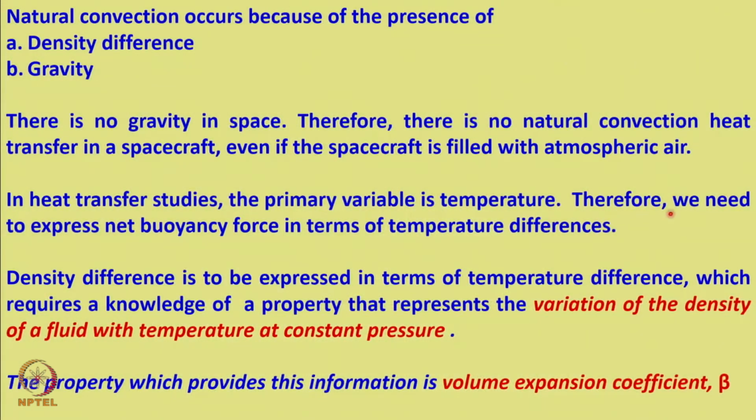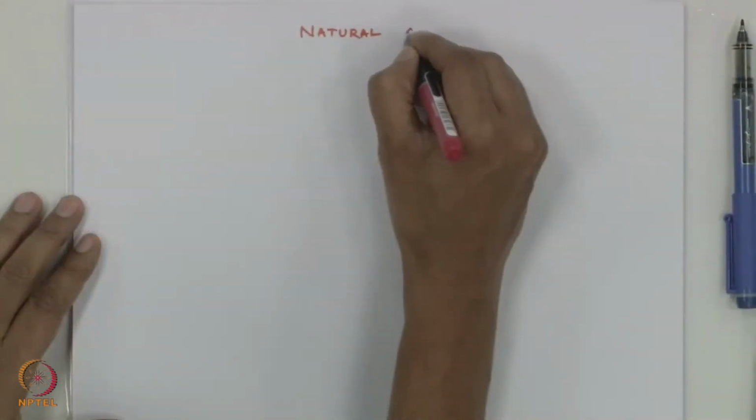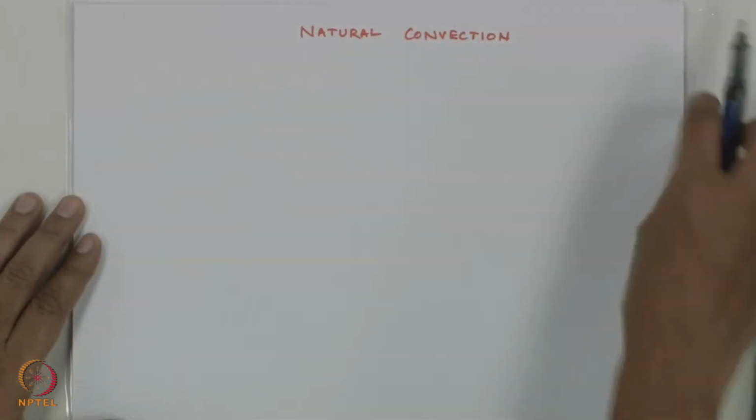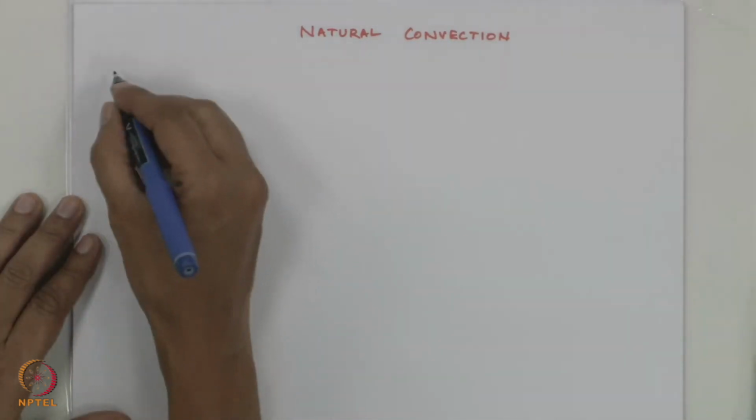In heat transfer, the primary variable is temperature, therefore we need to express the net buoyancy force in terms of temperature difference. So the density difference would be expressed in terms of temperature difference, which requires knowledge of a property that represents the variation of density of a fluid with temperature at constant pressure, that is the volume expansion coefficient. So let me write the heading as natural convection, and take up the volume expansion coefficient.